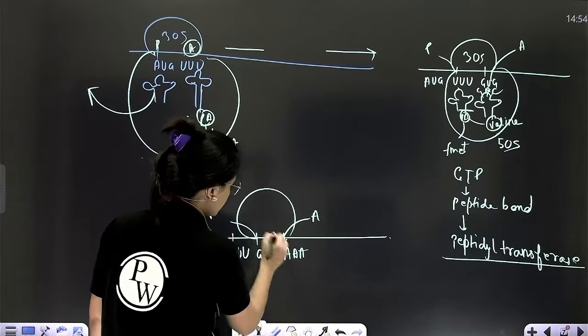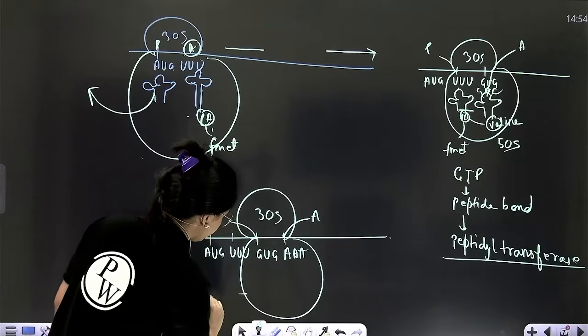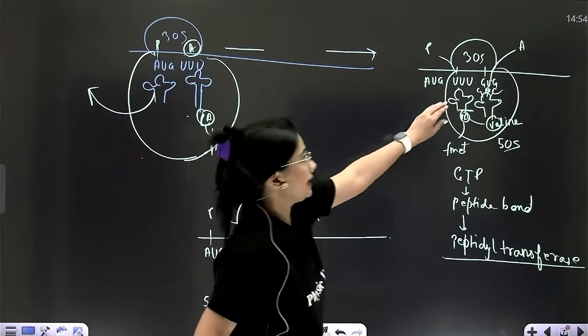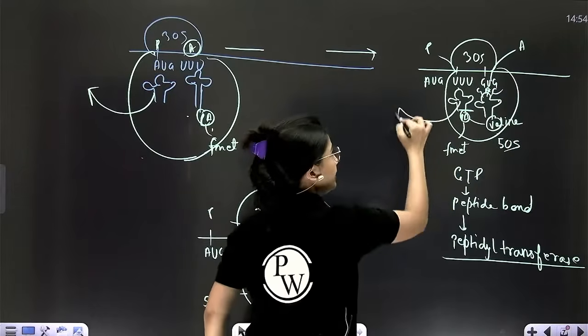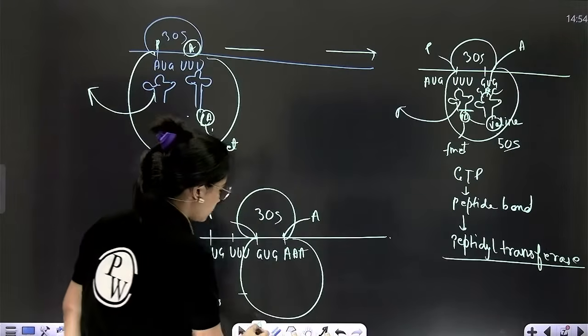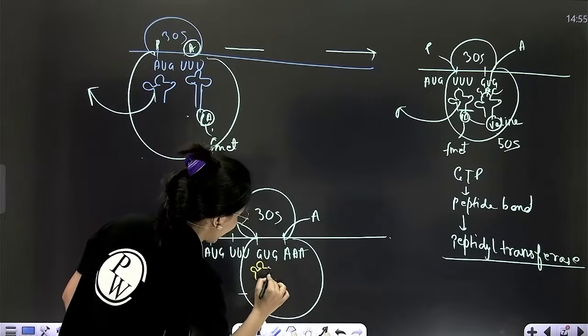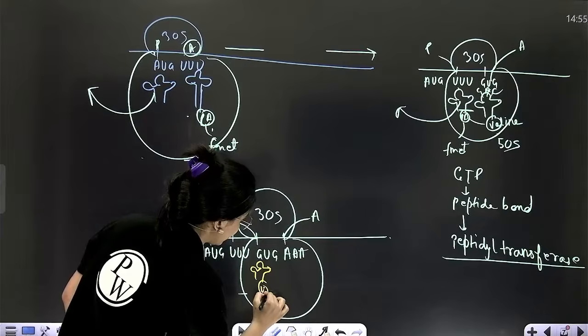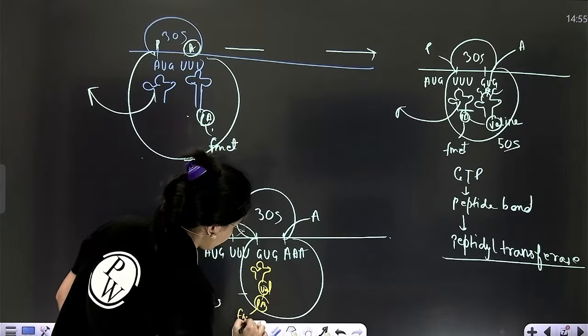Now here comes your 30S, here comes your 50S. This tRNA, after giving its phenylalanine, will leave the system, and now what will happen in the next step? Here the tRNA is attached, which now has valine attached, phenylalanine attached, and F-met attached.